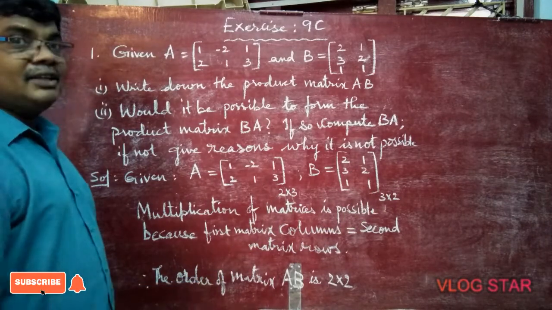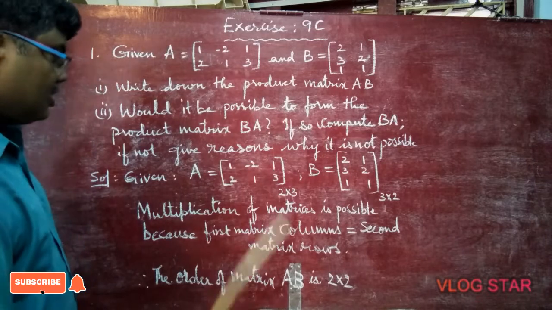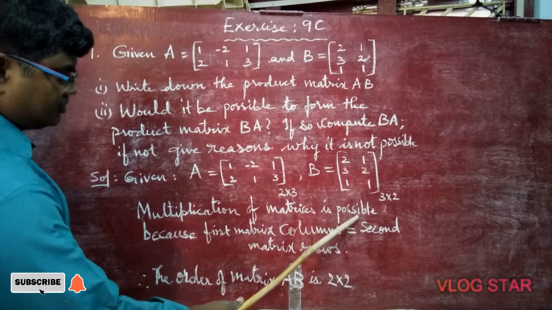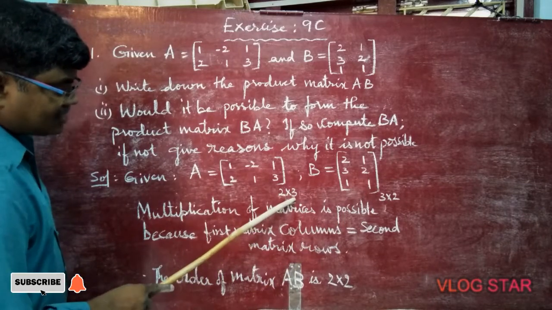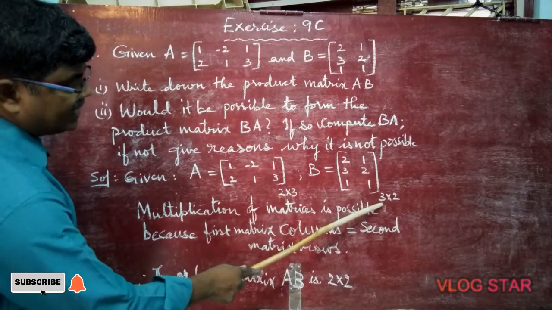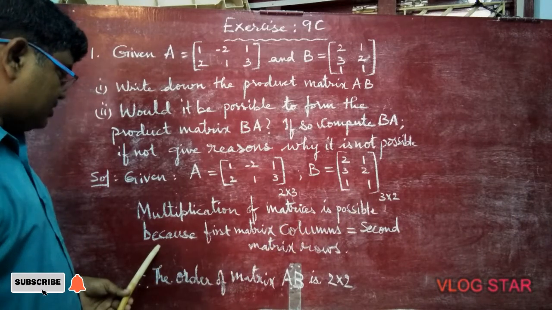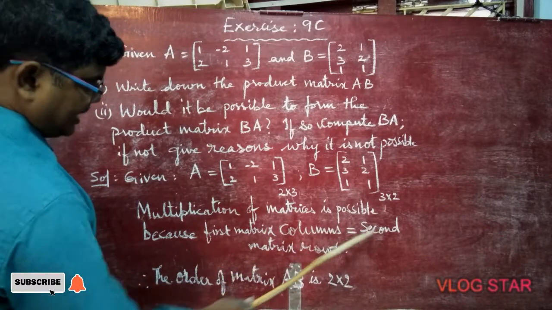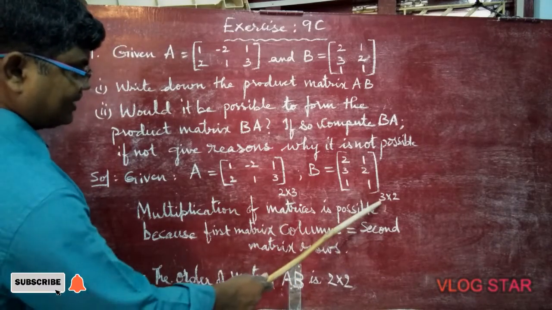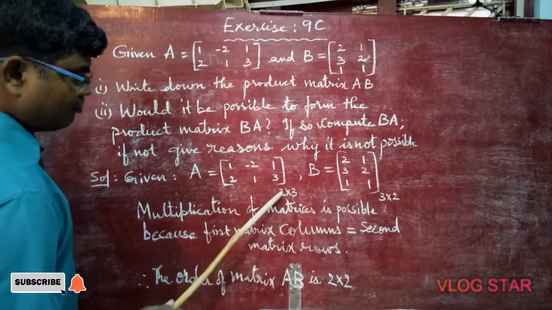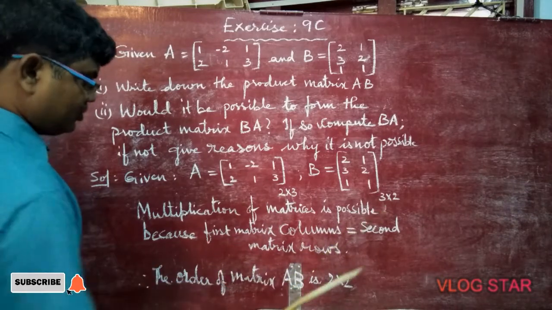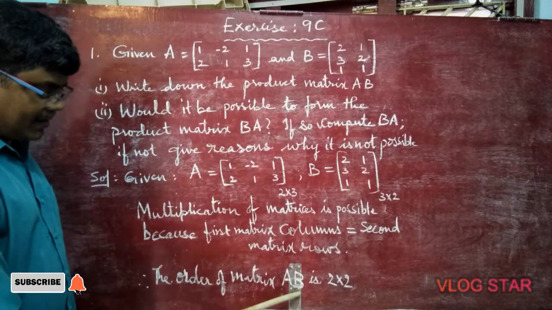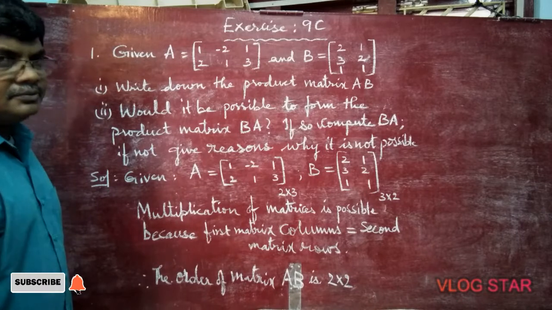Now we have to check whether multiplication is possible or not. Multiplication of matrices is possible. How is it possible? The first matrix columns equal the second matrix rows. It is possible because first matrix columns is equal to second matrix rows. 3 and 3 are the same. So which type of matrix will we get? A 2 by 2 matrix will come. The order of matrix AB, when we multiply AB, will be 2 by 2.